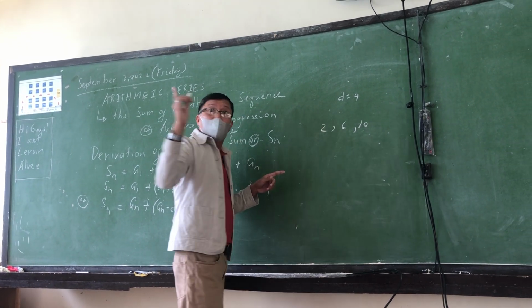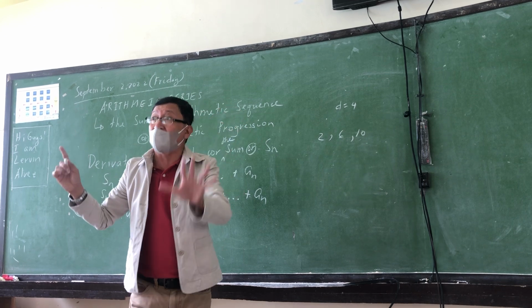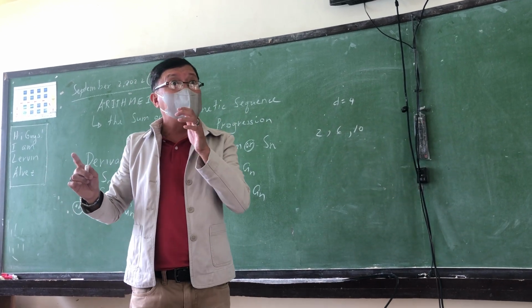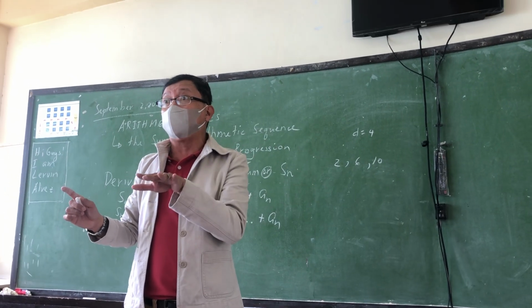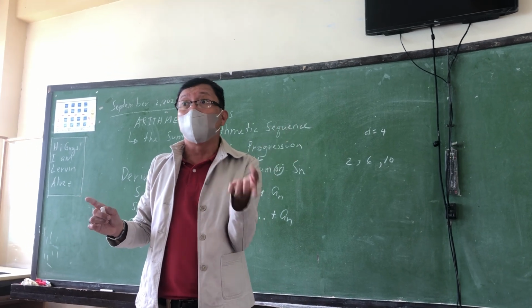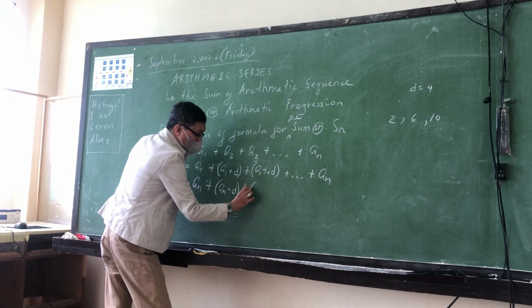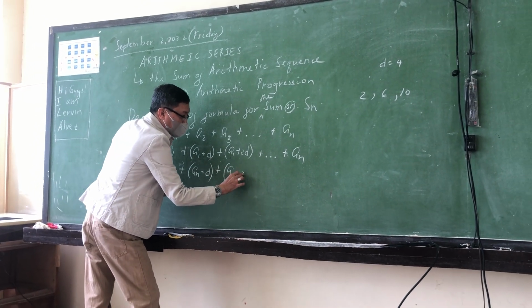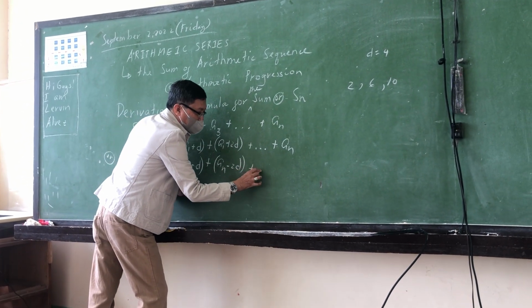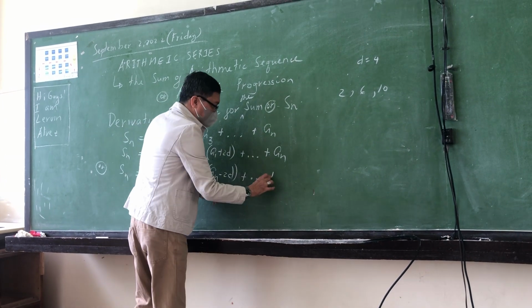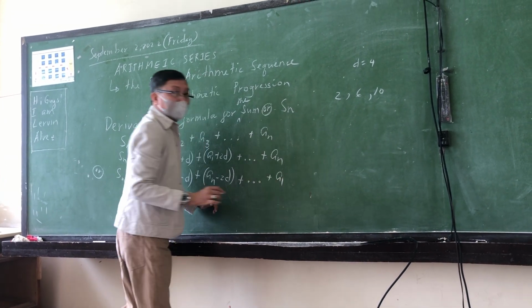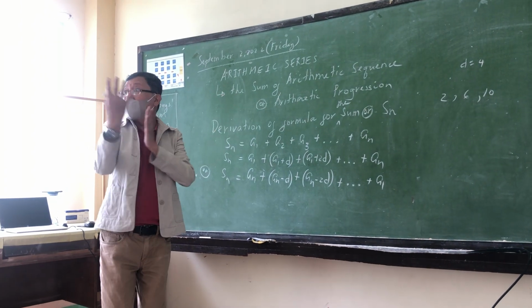That will be 2, right? Meaning, we subtracted twice the common difference. 2 times 4 is 8, 10 minus 8 is 2. In other words, A sub n minus 2D. So therefore, plus A sub n minus 2D plus ... plus A sub 1, which is now the last term because I reversed it.